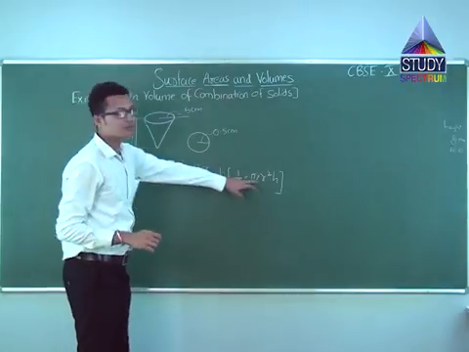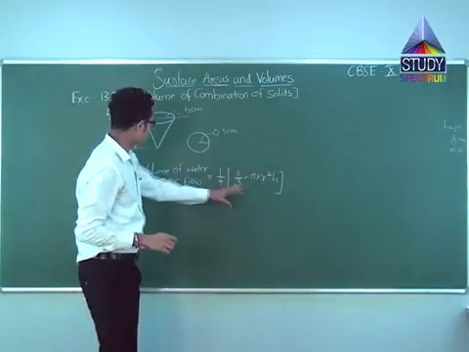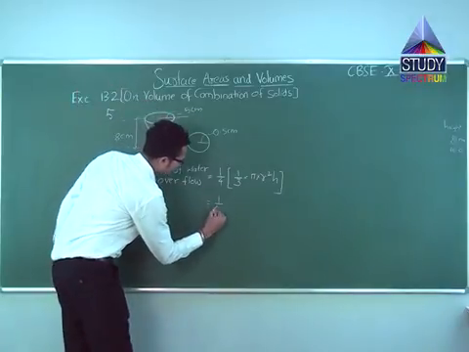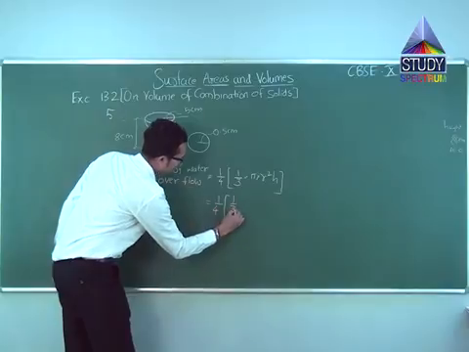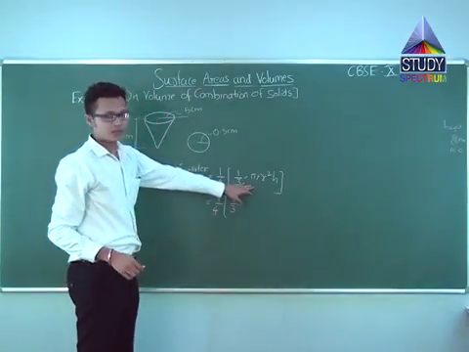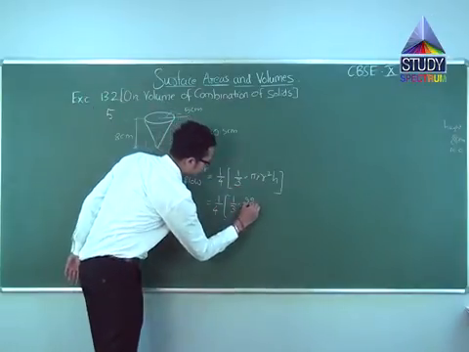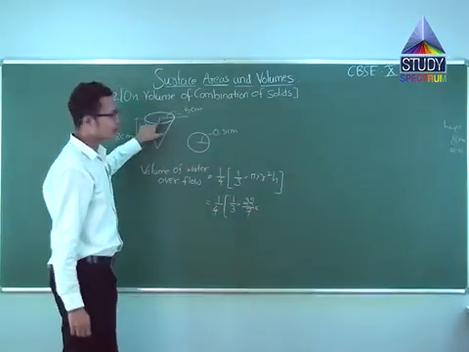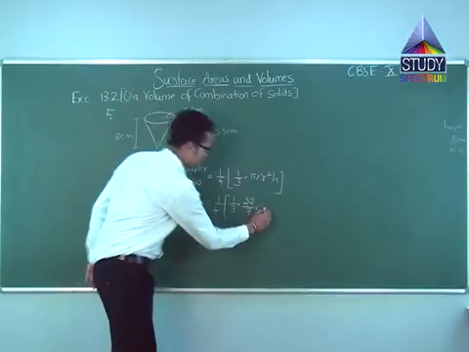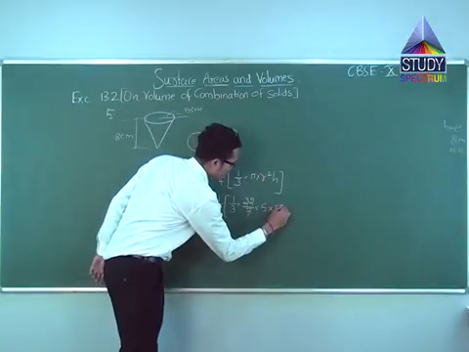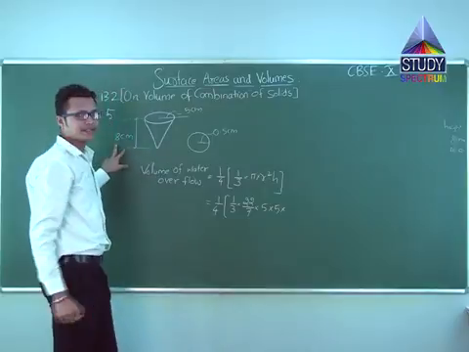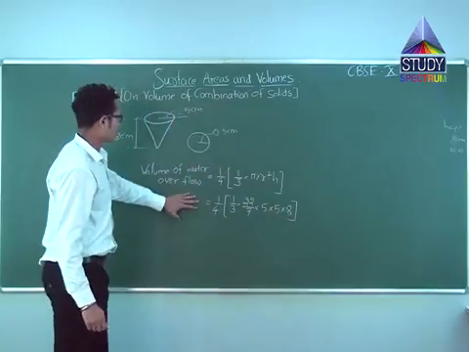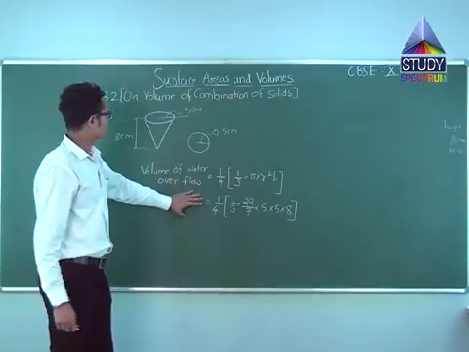So let's substitute the values of r and h in this formula to get the volume of water that overflows. So 1/4 multiplied by 1/3, and pi can be taken as 22/7, r is the radius of the cone, which is 5 centimeters, 5 into 5 into height, 8 centimeters. This is the volume of the water that overflows.